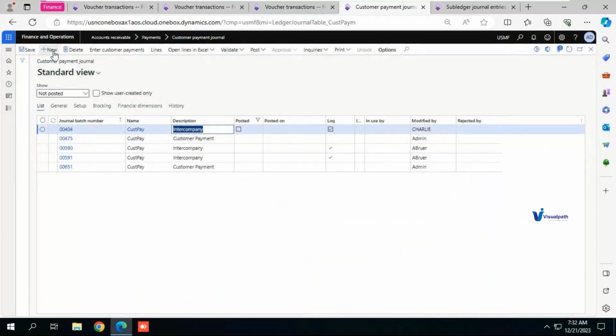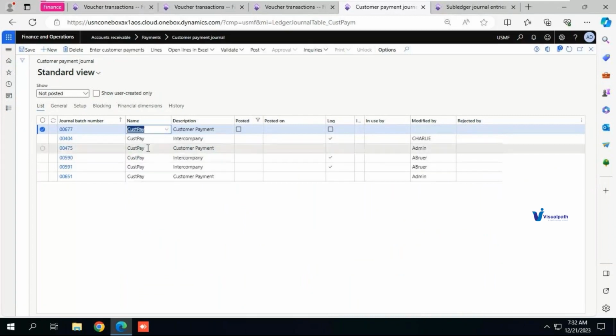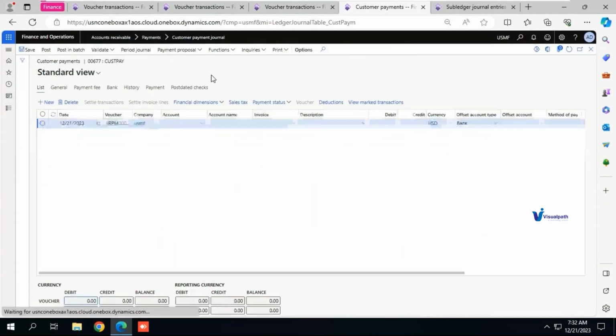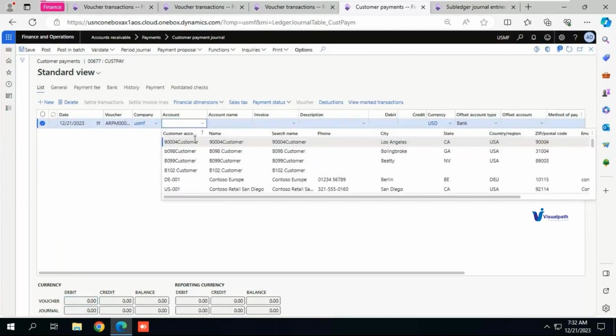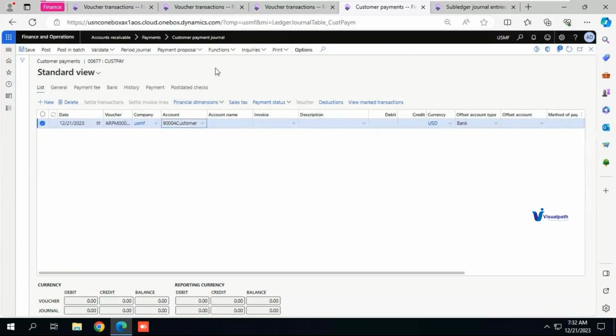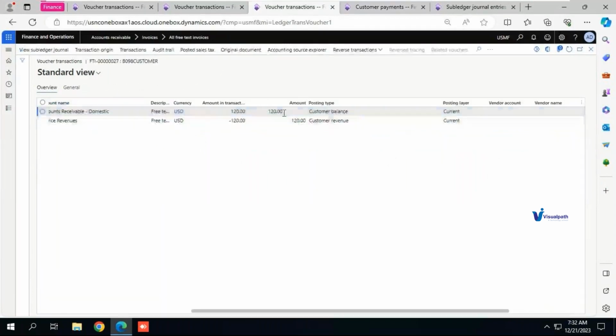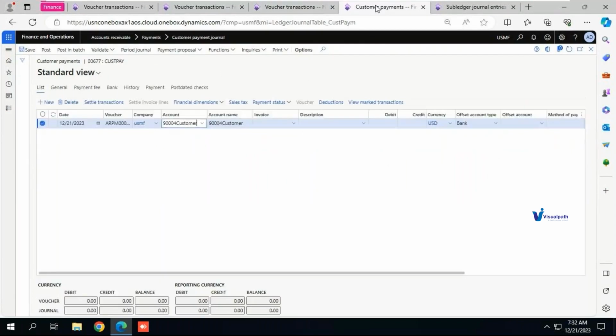Click on new, select the journal name, click on lines, select the customer, and just now we have posted invoice 120 that you can select here, settle transactions.